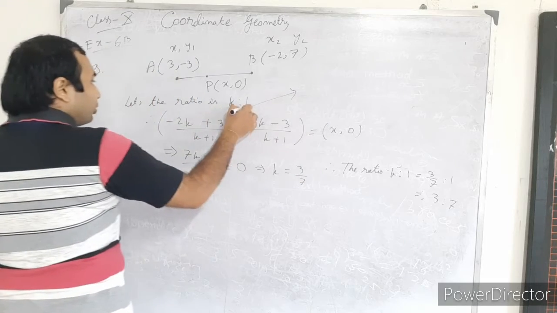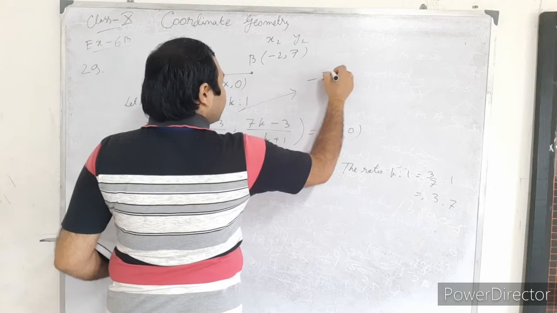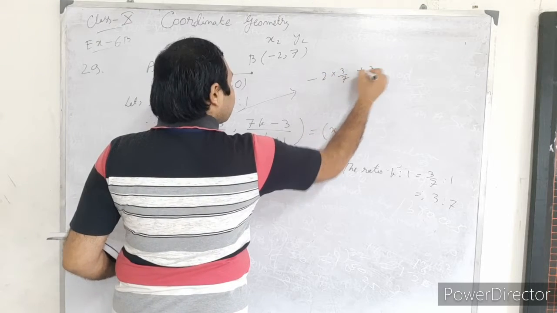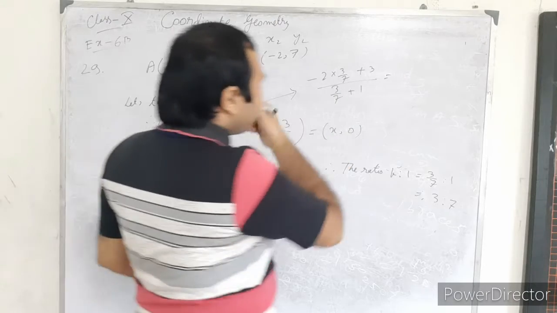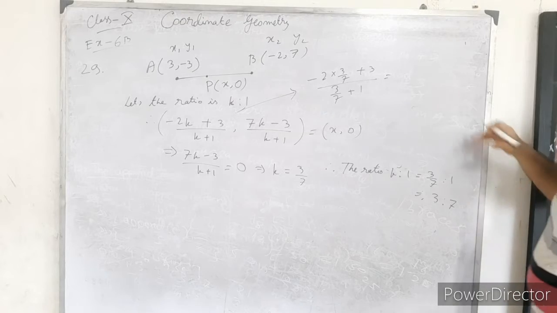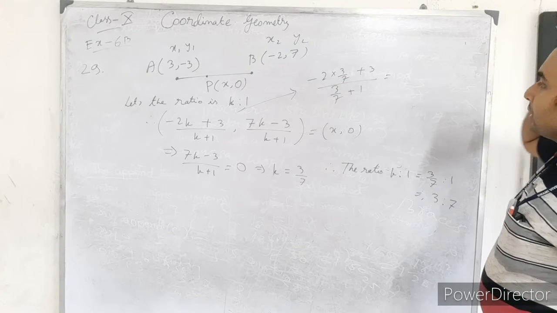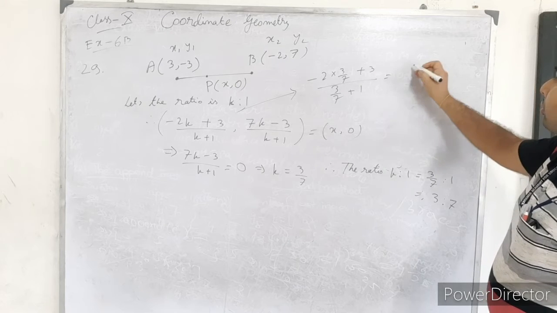So put the value of x there. I am not writing it here. So (-2 into 3/7 plus 3) by (3/7 plus 1). So how much is it coming? Minus 14... oh sorry, minus 6, and here it is 21.